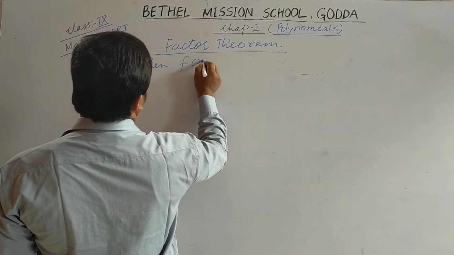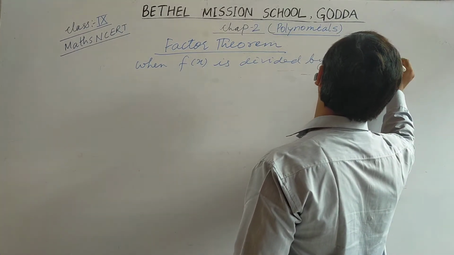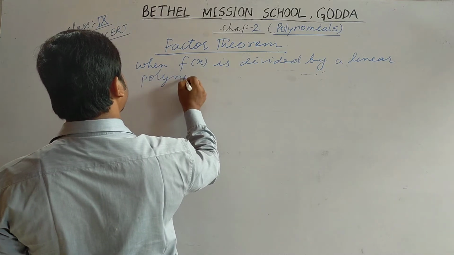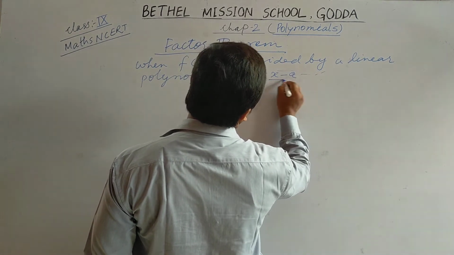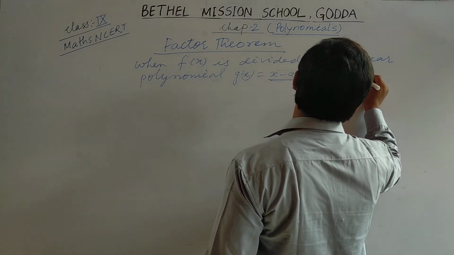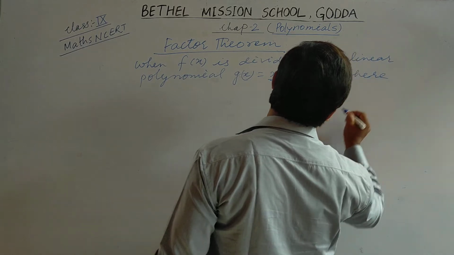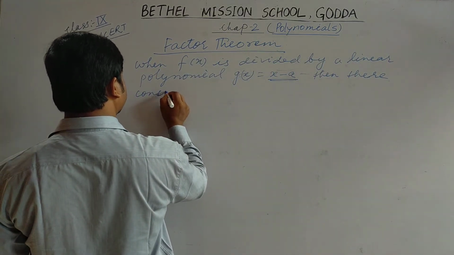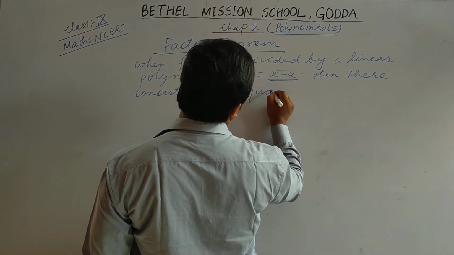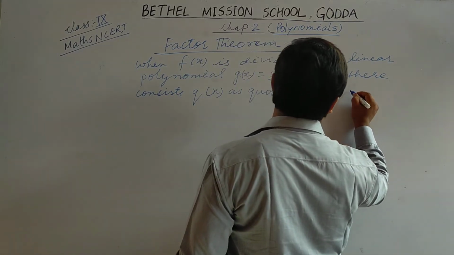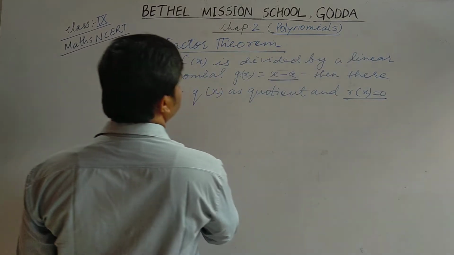We will verify this property by using the factor theorem. If f(x) is divided by a linear polynomial g(x), which we can suppose is x - a, then there exist q(x) as quotient and r(x) = 0 as remainder.